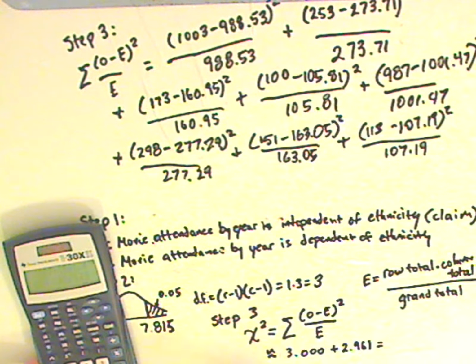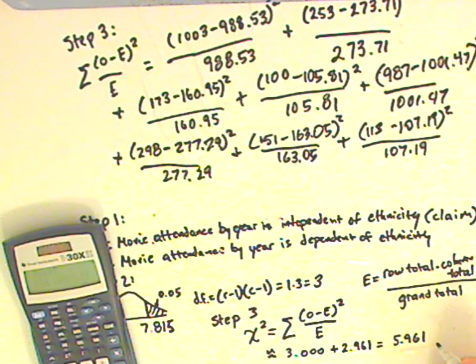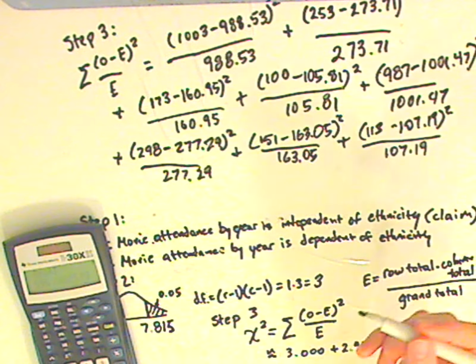And when I add those together, I get approximately 5.961. Now I have to make a decision. So, where am I going to put that?